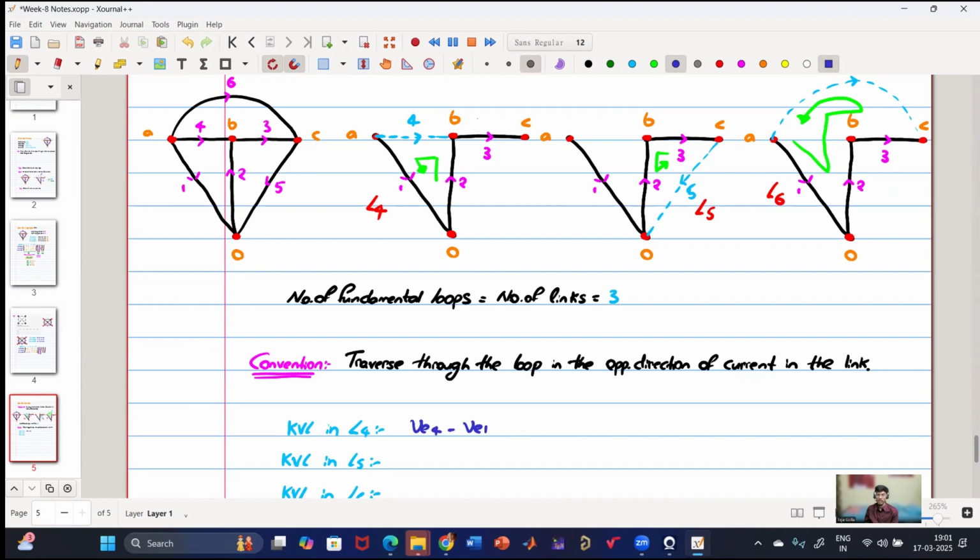Sir, 4 and 2 are traversed in the same direction. So we are going to a lower potential from a higher potential. So is it a plus or minus?